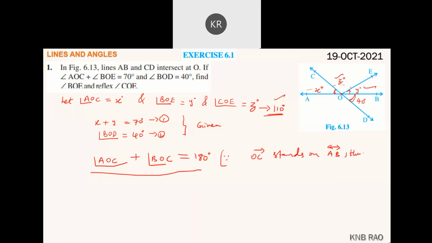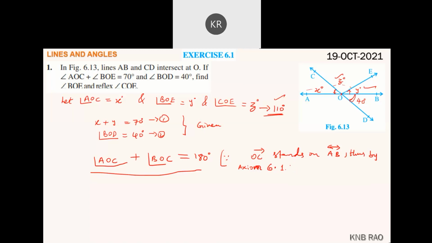Thus, by axiom 6.1. Axiom 6.1 tells that if a ray stands on a line, then the sum of two adjacent angles so formed is 180 degrees.